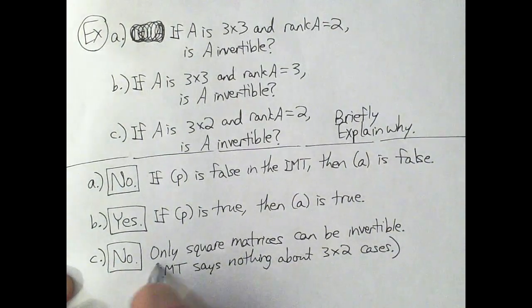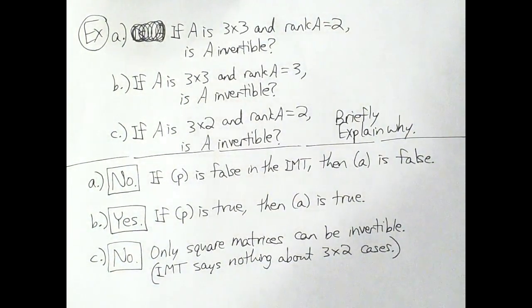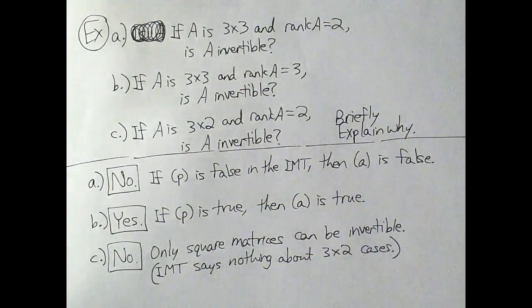I'll put that second sentence in parentheses. The first sentence I wrote is the real reason. No, it's not invertible because it's not square. So some square matrices are invertible, some square matrices are not invertible, but a non-square matrix is never invertible. Doesn't matter what the rank is.